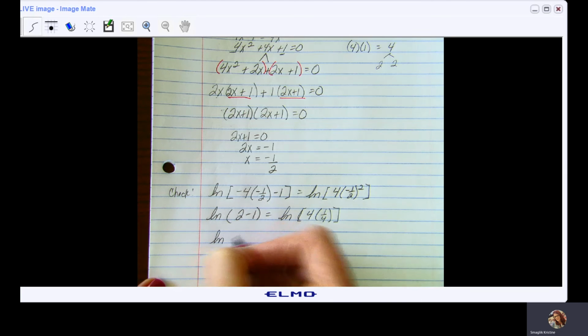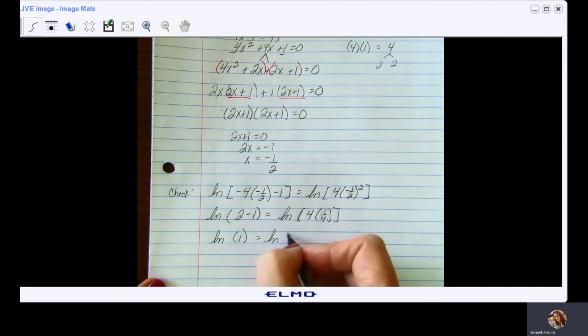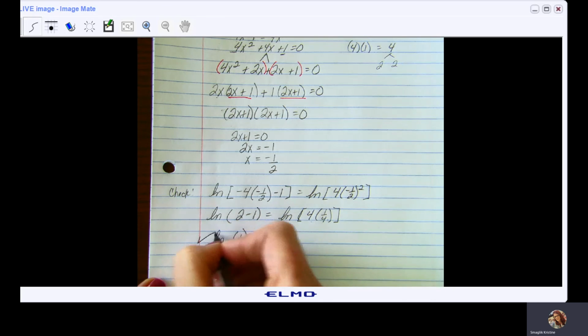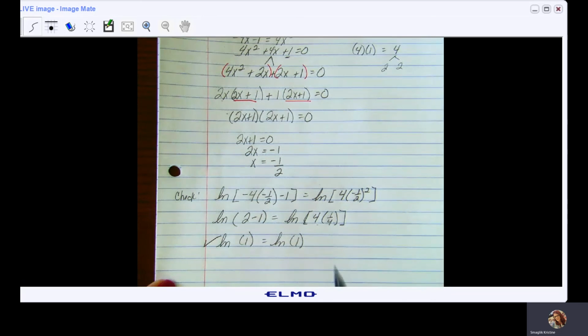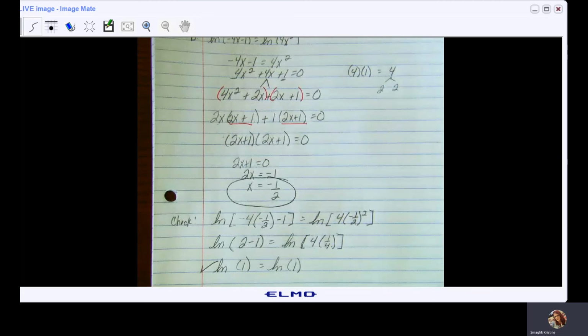And clean it up. Natural log, 2 minus 1 is 1. And 4 times 1/4, oh, guess what? It's 1. So therefore, x equals negative 1/2 is in fact a solution.